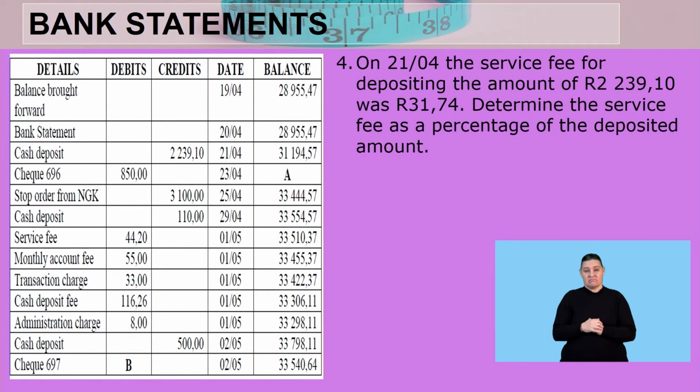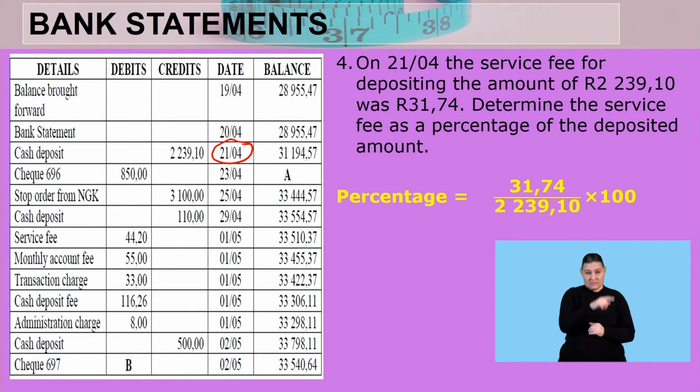All right, the fourth question. On the 21st of the 4th, there it is. Okay, the service fee for depositing the amount of 22,000, this amount, 2,239 Rand 10 cents was 31.74.